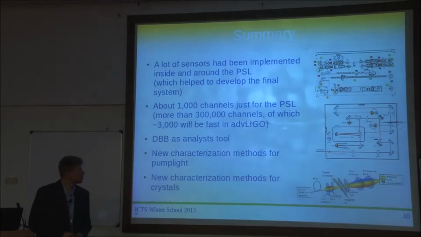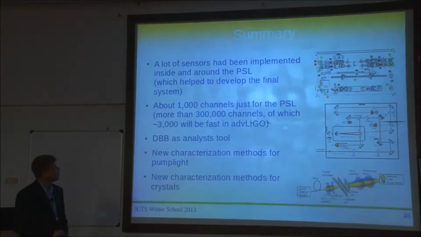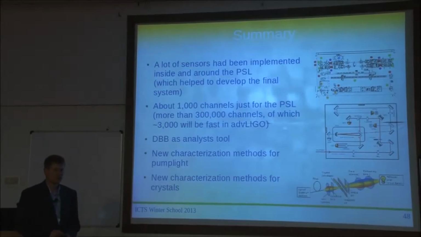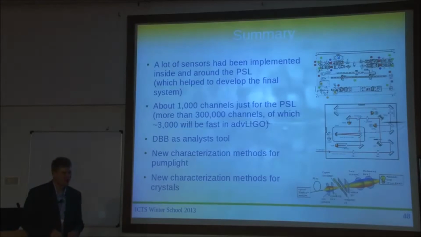Okay, so let me summarize what I tried to tell you. I've shown you that we have a system with a lot of sensors. So in the meanwhile, we got rid of some of these, especially these temperature sensors, because they didn't actually really show anything, or we know what's going on there. I've shown you that we have a lot of channels to analyze, and I'm not really sure about these numbers, but I think for advanced LIGO, we have something like 300 channels overall, and some of them are fast, some of them are not so fast, but for some channels, you really need a high data density.